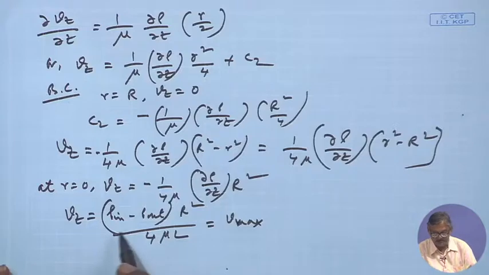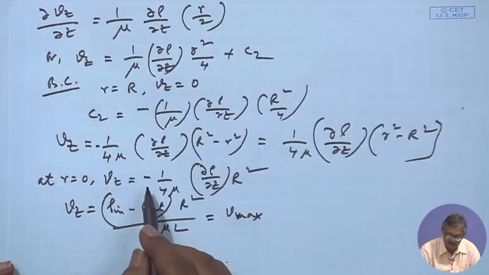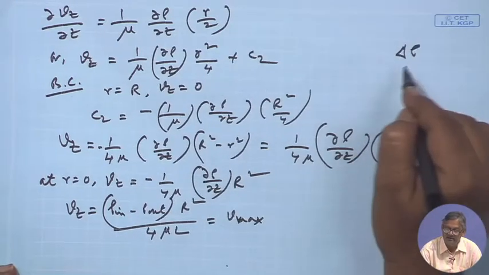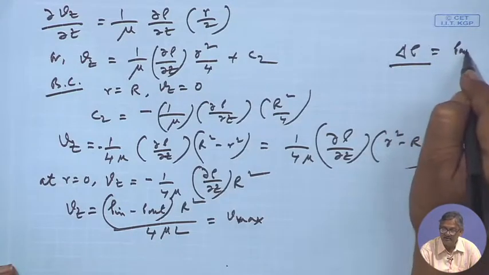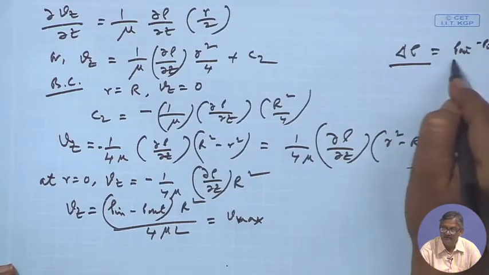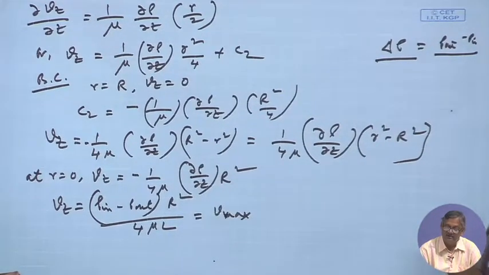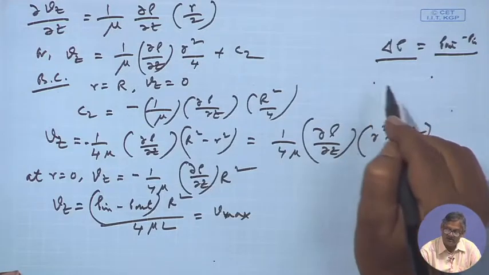So, how we have taken this minus in has become this delta P. Any delta P is generally out minus in. Anything delta is higher minus lower, but that is exit minus inlet.